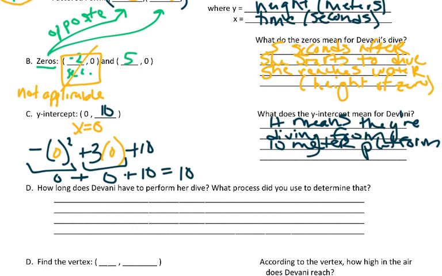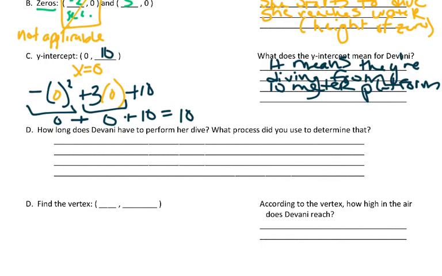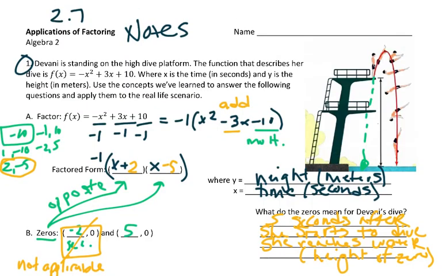All right, next piece here, how long does Devani have to perform her dive, and what process did you use to determine that? So again, as this diver is going into the water, they've got from starting point here all the way up in the air and back down to perform their dive. So how long does it take to get from here to the water's edge? And that's where we talked about it's 5 seconds, right?